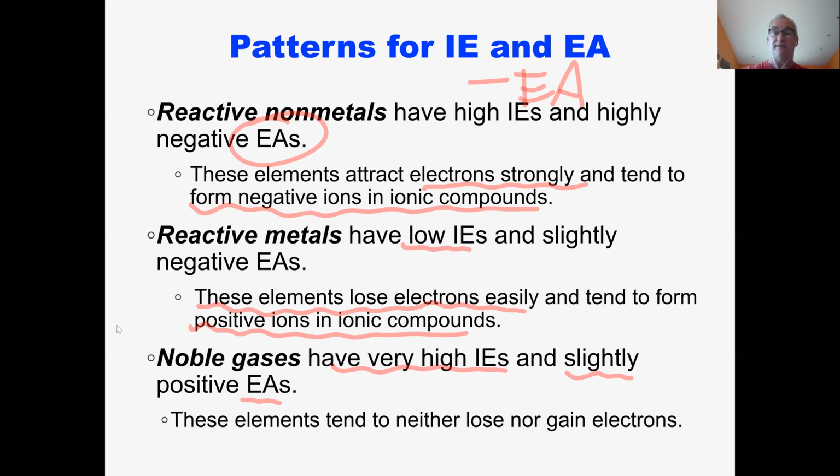If it's a positive electron affinity, it means I have to force that electron on you. You don't want it, so I have to force it with energy to get you to take that electron. So that's not going to happen unless it's forced. Okay, that's the difference between positive and negative energy, and we're going to talk a lot more about that later. So, any questions about that?